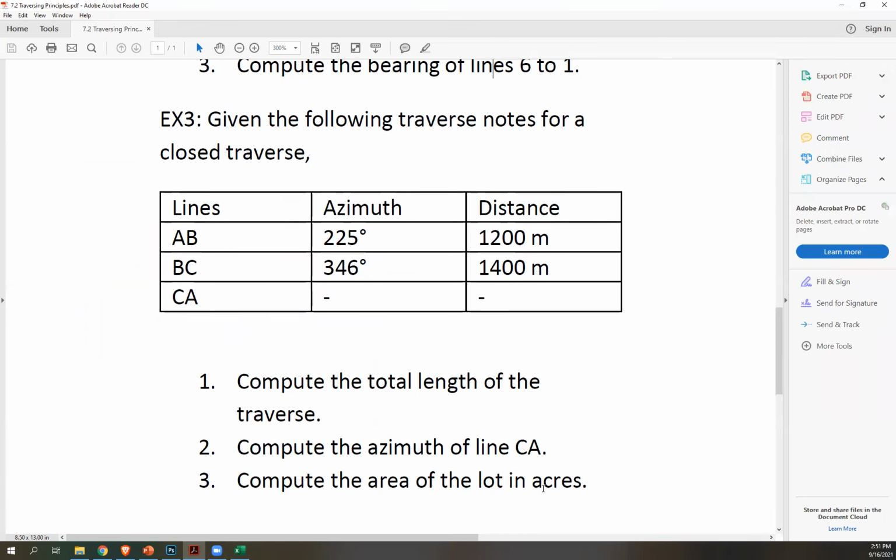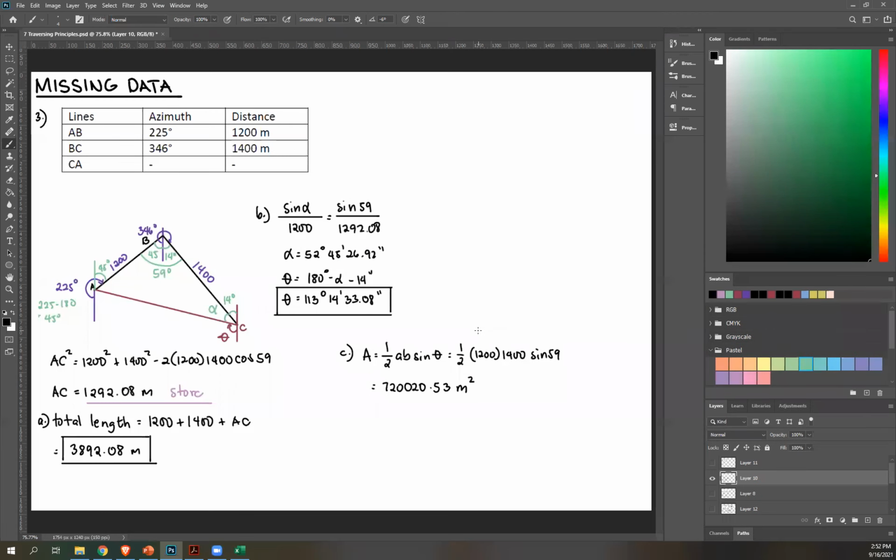Now, here's the catch. I want to get the area of the lot in acres. So you gotta convert meters squared to acres. The conversion there is 1 acre equals 4,046.86 meters squared.